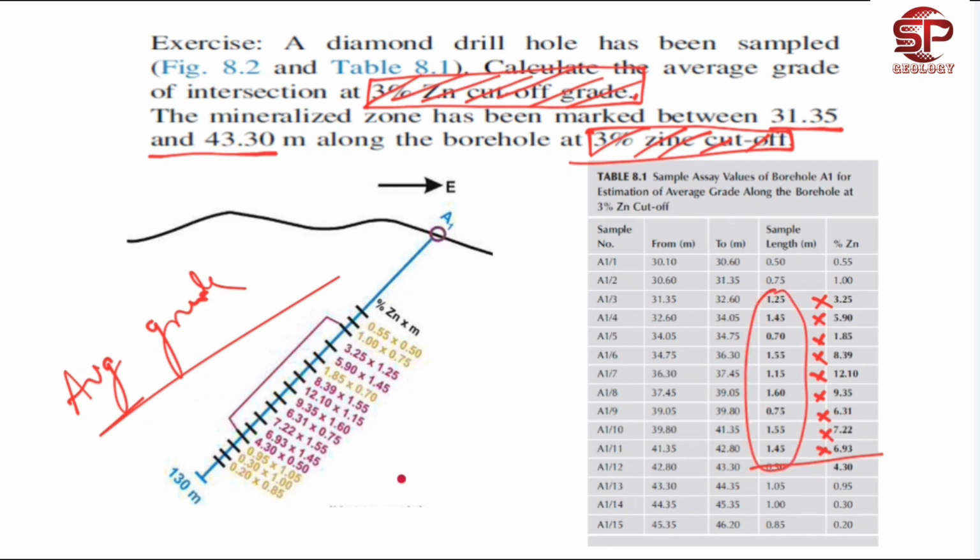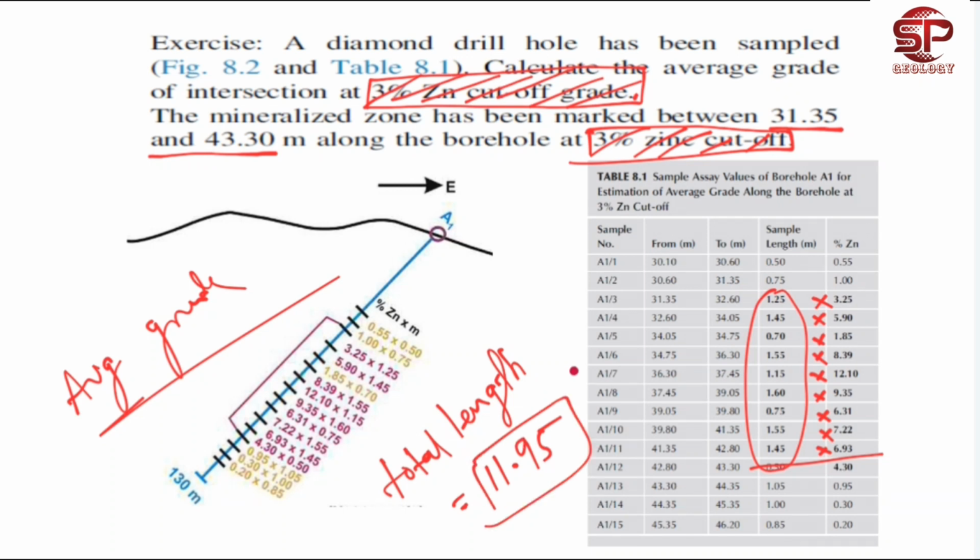What is the total length? What is the total length of all? No, 12.4, 11.95 maybe. Yes, 11.95 is the total length. Calculate again.